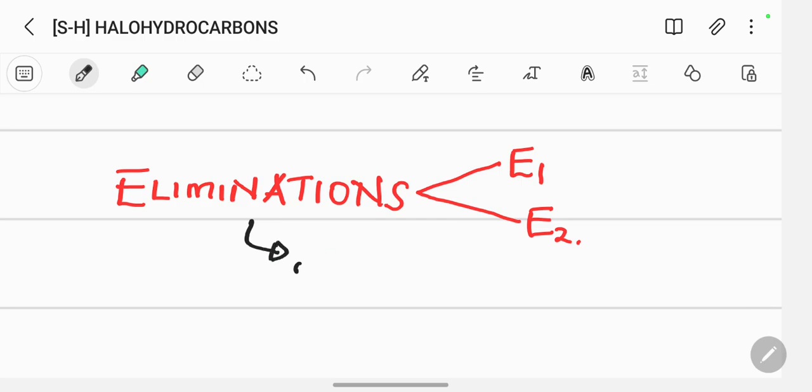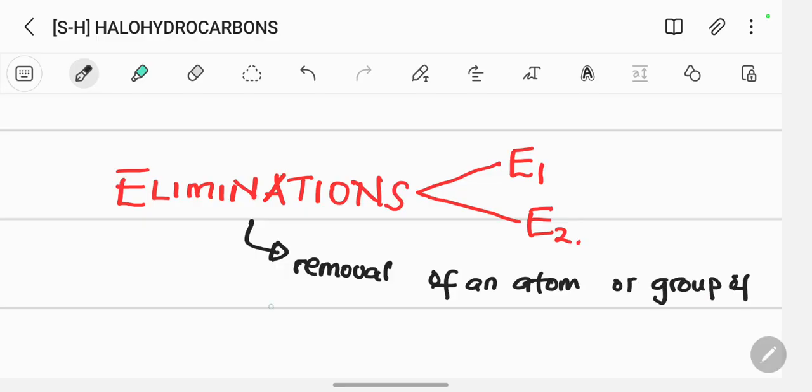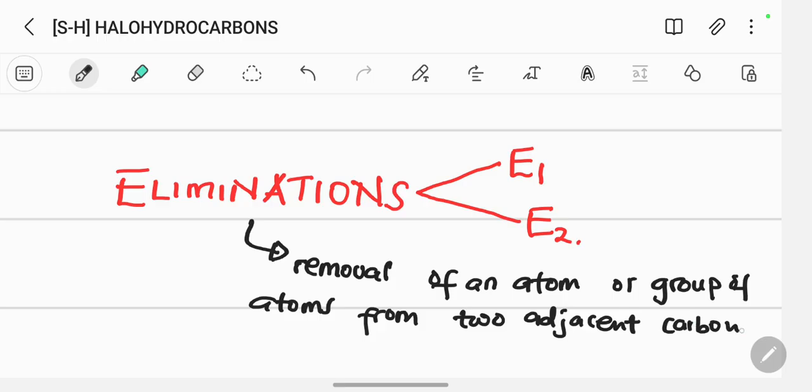Elimination reactions: we have removal of an atom or group of atoms from two adjacent carbon atoms to form a multiple bond.